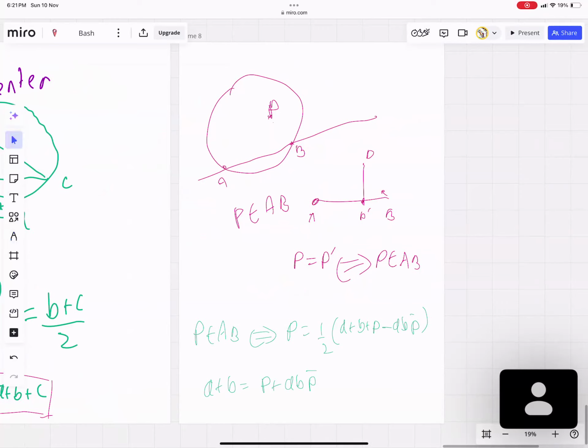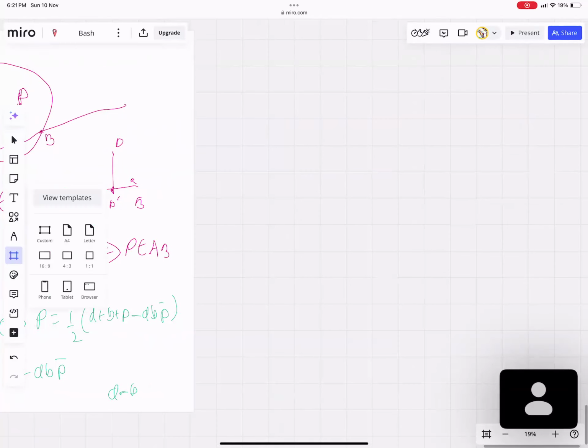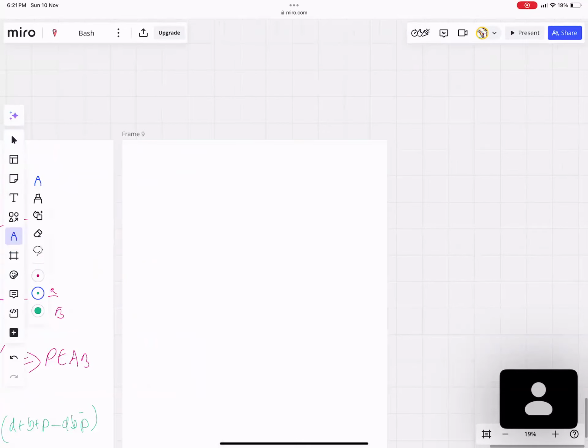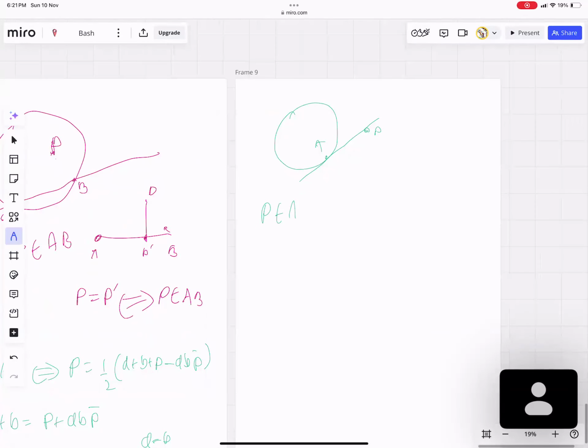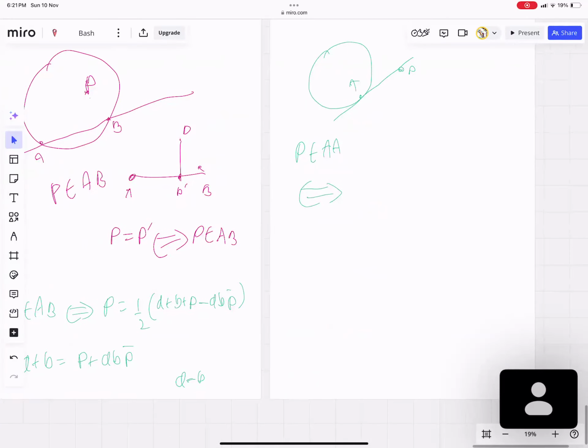And one notable thing we can do is we can plug A equal to B. So in this case, if this is the unit circle and this is the tangent at A, and this is the complex coordinate of P, we get that P is on the tangent, which we denote by AA, if and only if 2A is equal to P plus A squared times the conjugate of P. Is this fine with everyone?